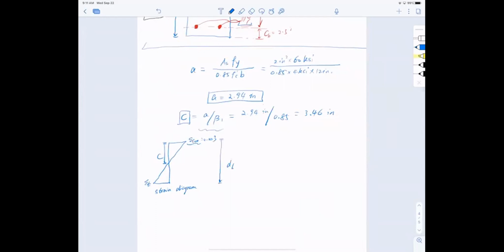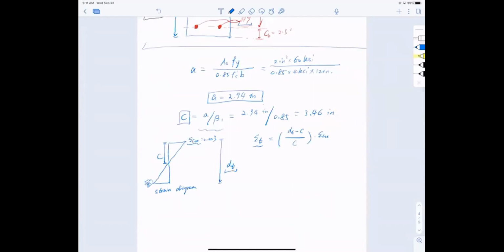And ladies and gentlemen, this is the epsilon t, the strain at the last layer of the steel. So I can quickly check the strain in the steel using the equation from this triangle. Epsilon t should equal dt minus c, divided by c, multiplied by epsilon cu.